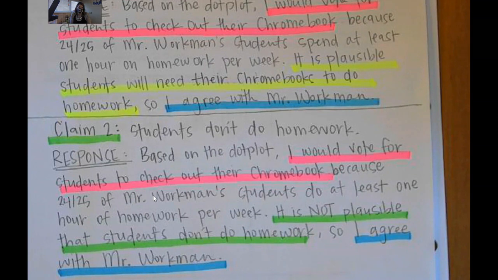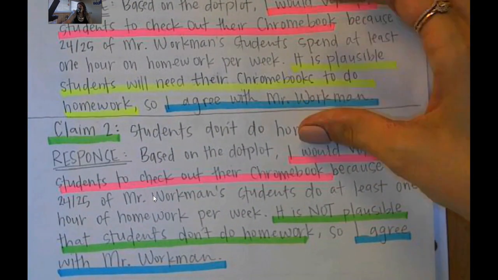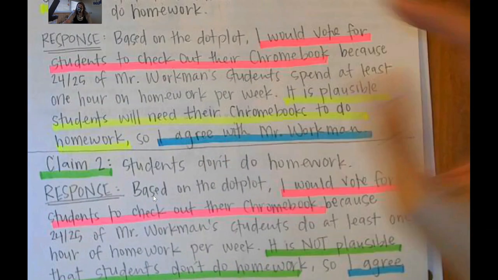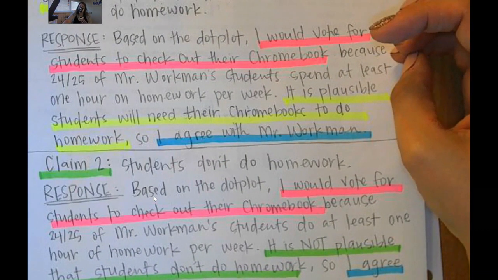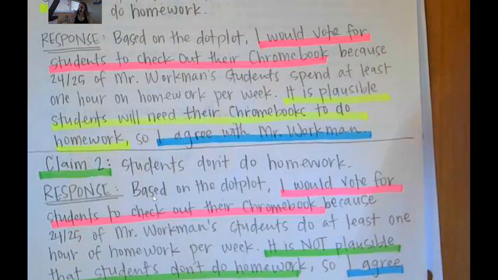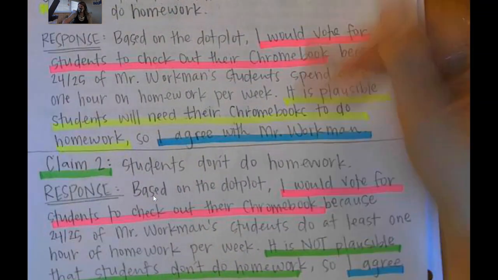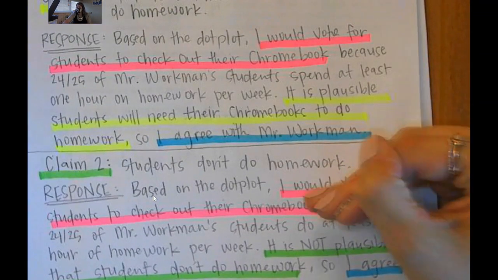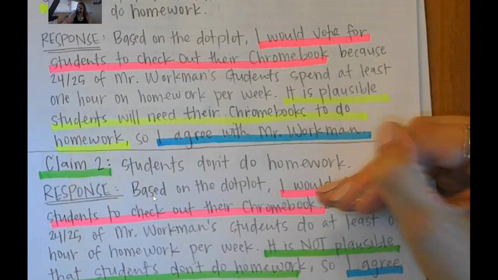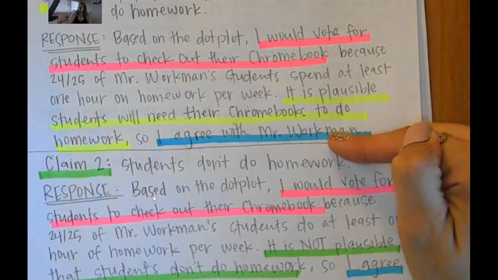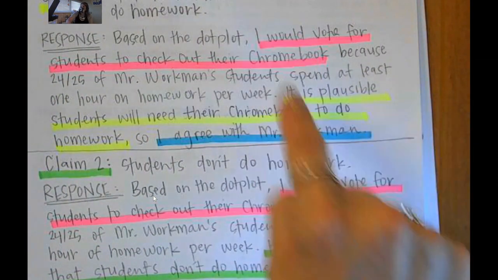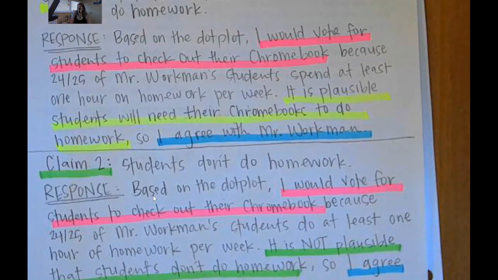You do not have to write it exactly like this, but in my experience, this is the type of learner that I am, I'm a memorizer, so I would literally just memorize the order in which I wrote this, because then you can guarantee you're hitting all of the points. Now, as long as you hit the different colored things in the response, so I have 3 different colored things, it doesn't matter what order you address it in.